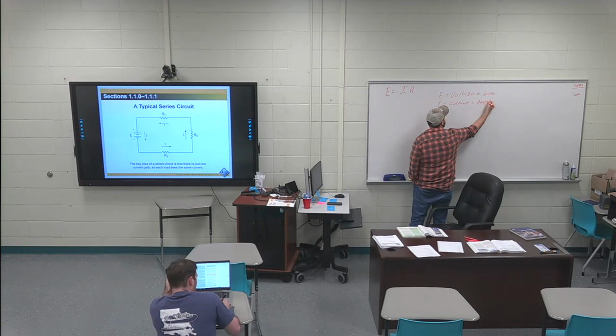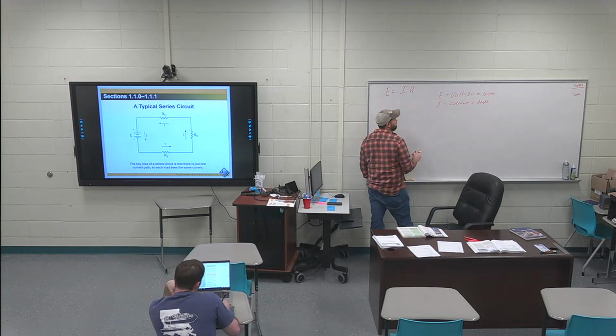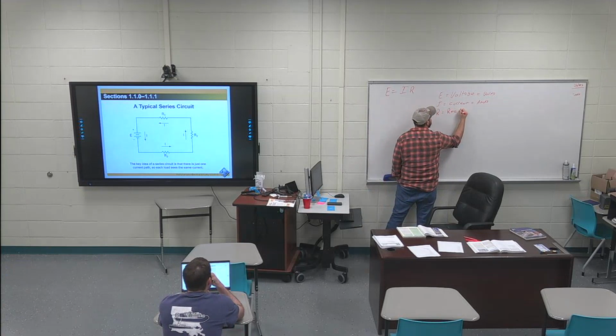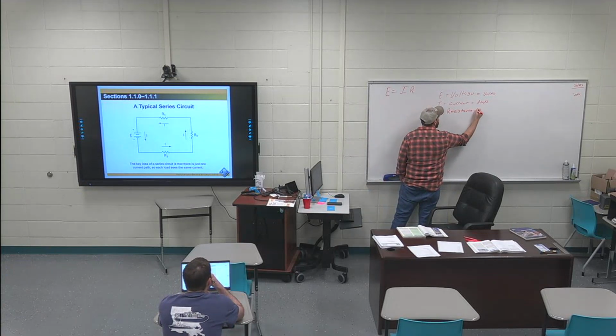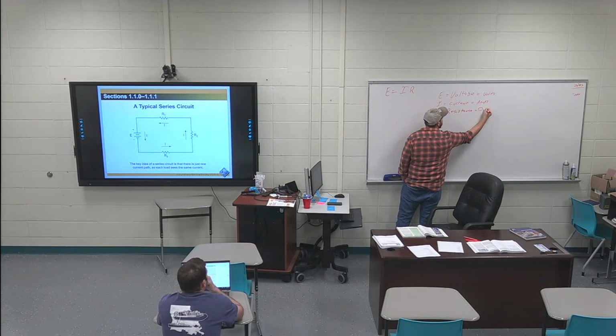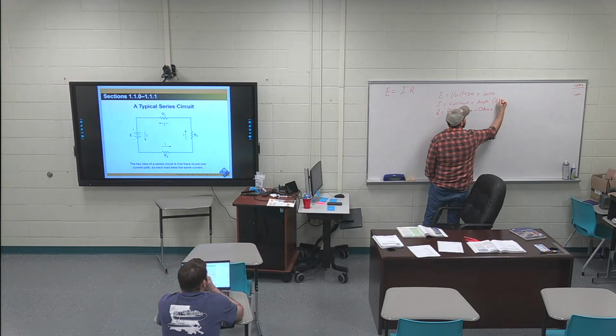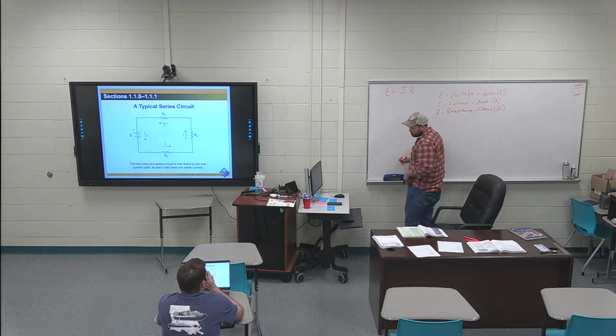So you kind of have to get the idea of what the symbol is, what it's measuring, and then what it's measured in. R is resistance, and it's measured in ohms, O-H-M-S. Symbol for amps is A. Symbol for voltage is E. Symbol for ohms is the Greek letter omega.